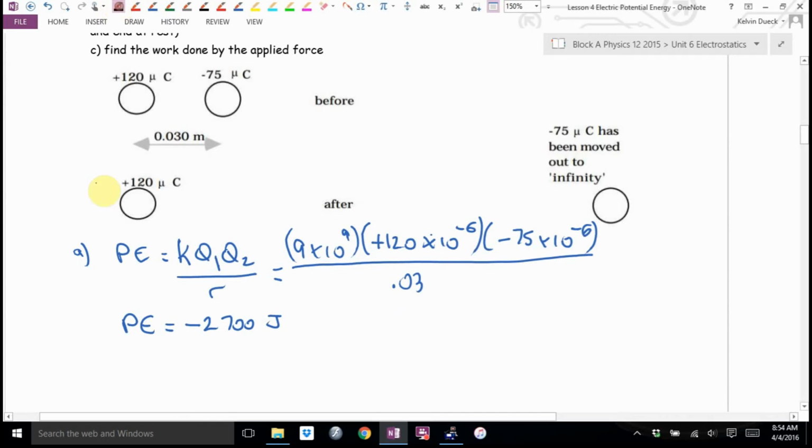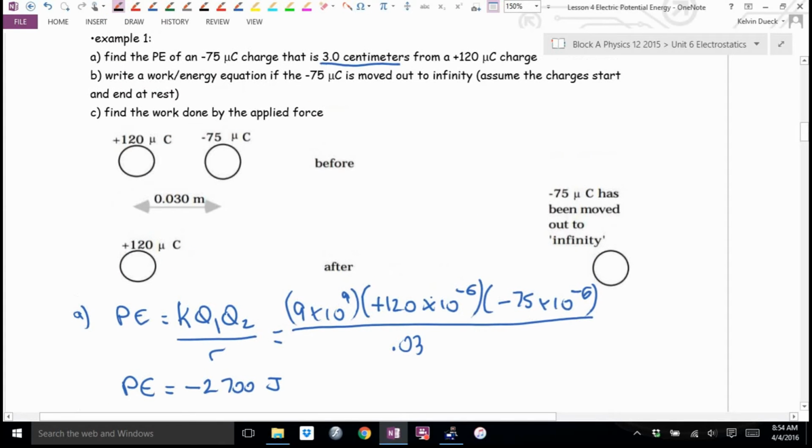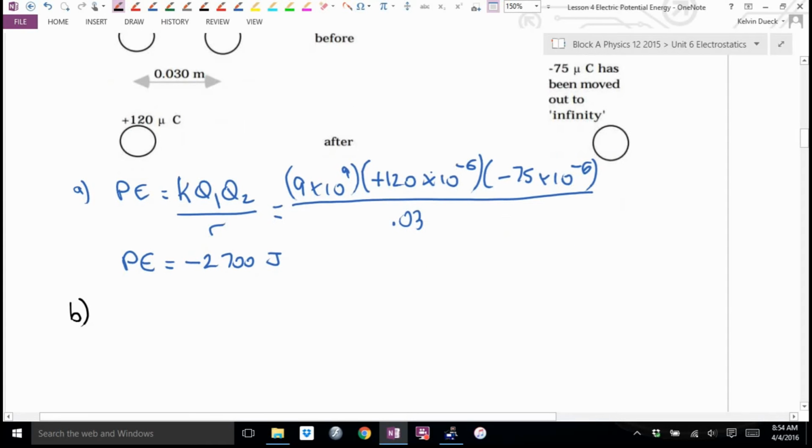B. Write a work energy equation if the negative 75 microcoulomb is moved out to infinity. Assume the charges start and end at rest. So we would say work equals change in potential plus change in kinetic. This is very similar to how much work to put a satellite in orbit.